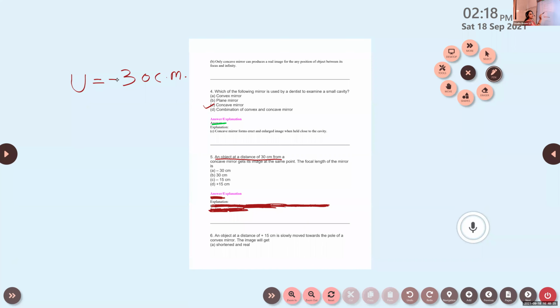So the concave mirror gets an image at the same point. Image is also formed at the same point, which means V is equal to 30 centimeter. Then what about the focal length?